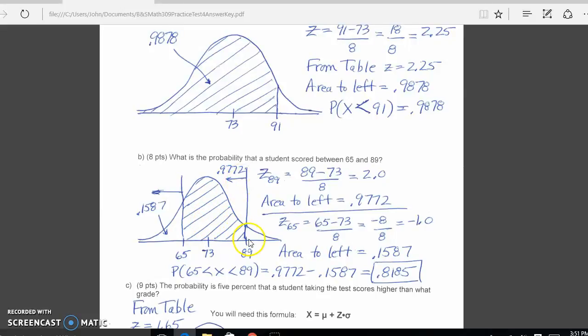If I take the area to the left of 89 under the curve, the entire area, 0.9772, and I subtract from that this area over here to the left of 65, which is 0.1587, I get a probability of 0.8185, which is the area in between those two scores. So the probability that a student scored between 65 and 89 on this exam is 0.8185.